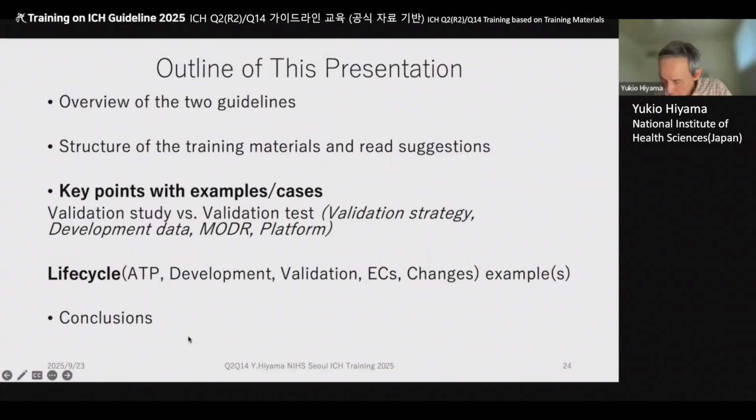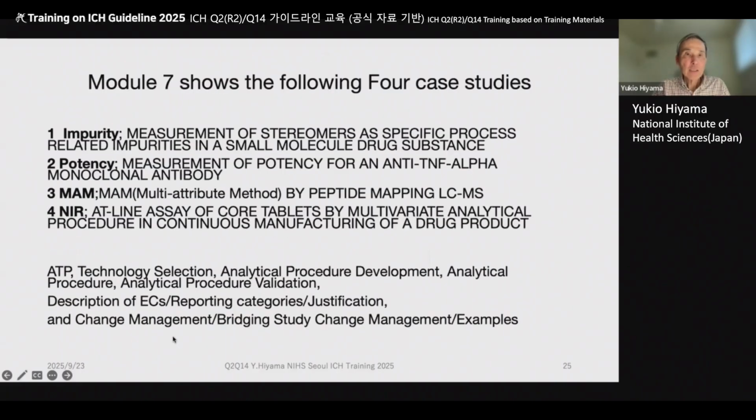Okay, now 26 minutes. The last example I'm going to show you is the life cycle. Module 7 shows the following 4 case studies. Each case study has a full name, but we decided to give them nicknames.